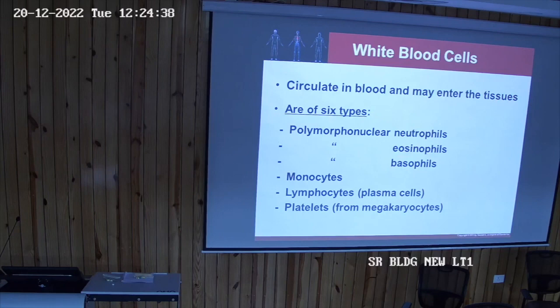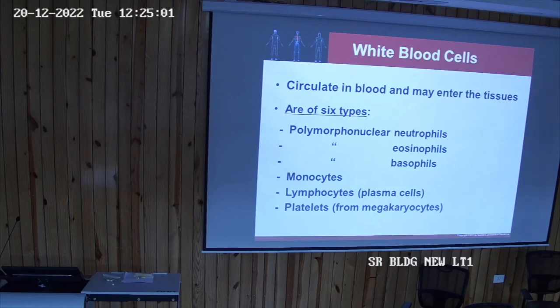On the basis of the study of these divisions of the nucleus, a study is done known as the Arneth count. On the basis of this study, a diagnosis can be made regarding the activity of the bone marrow. Which type of cells are present more in number, young or mature?